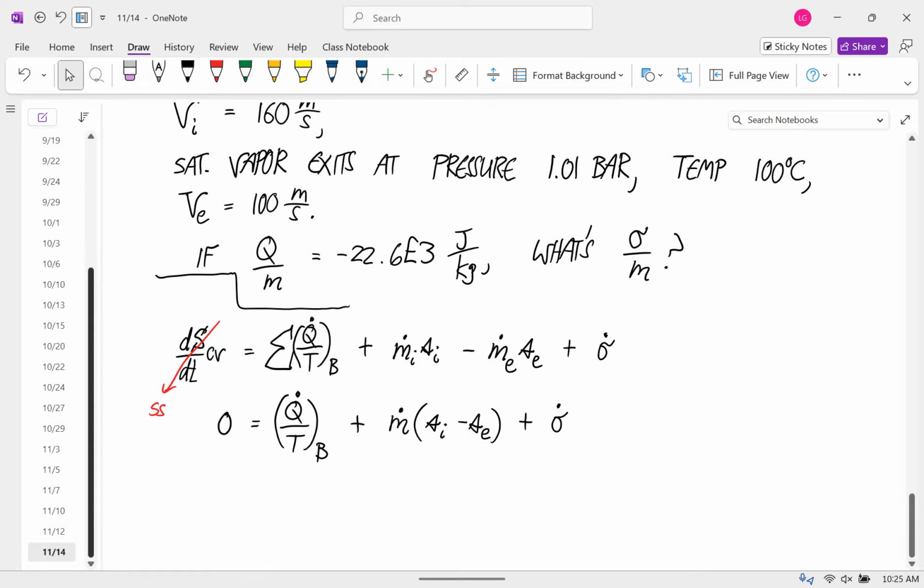And we're given that Q over m is equal to this thing.